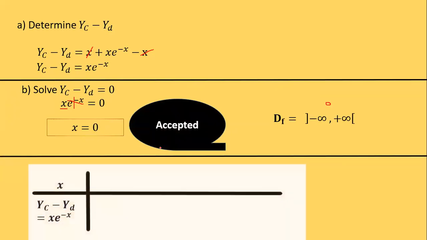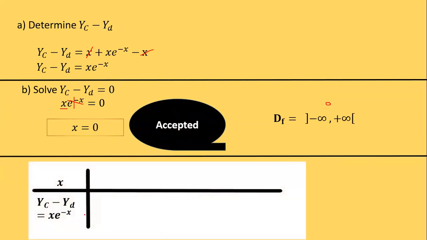And finally, in order to study the relative position between a curve and a line, I have to draw the table of signs. Domain, the accepted solution, and now how to precise the sign. Take any number in the interval 0 plus infinity. Let's say that x equal 1.